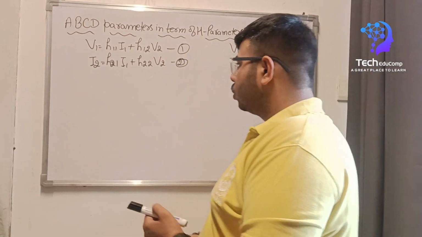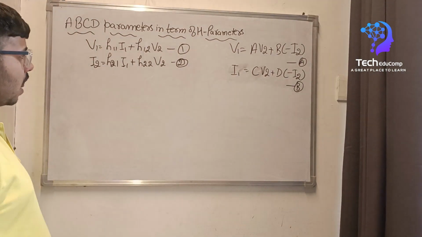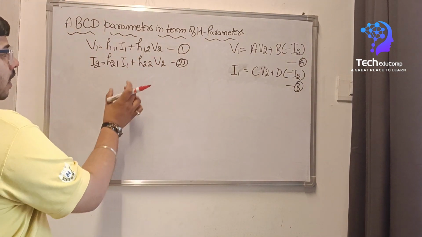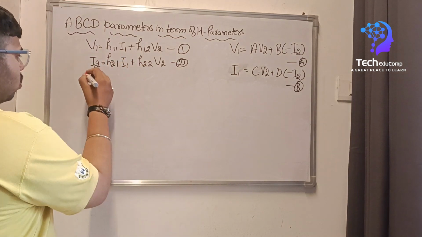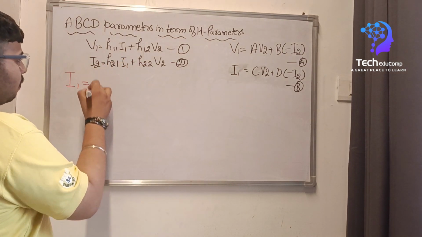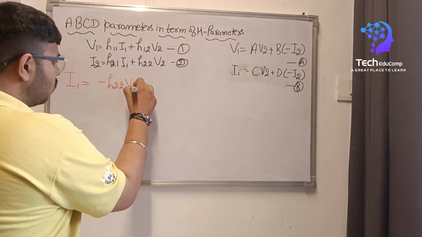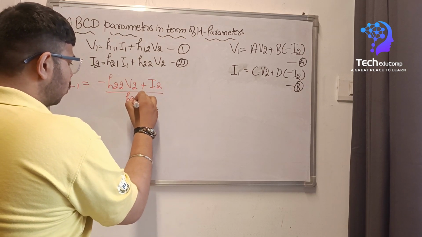So what we can do here is, if I want to write in terms of I1, then I will take this term to the other side and divide it by H21, taking it in the denominator. So I1 will be equal to minus of H22 into V2 plus of I2, divided by H21.